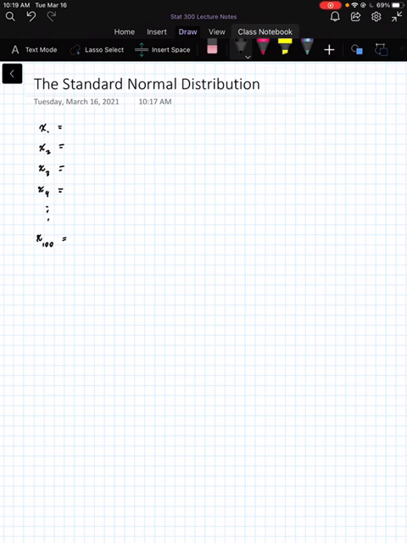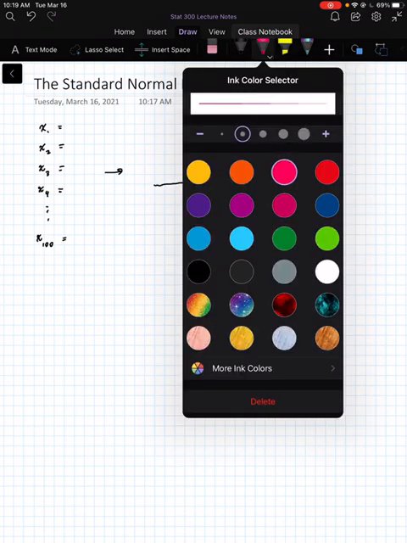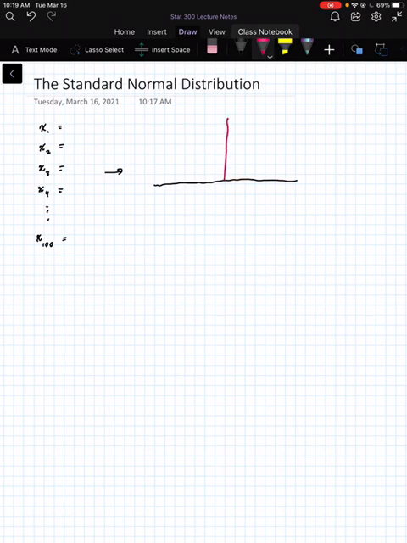So each one of these has a certain value, and when we take them and turn them into a histogram, we'll get something that approximately looks like a bell curve.